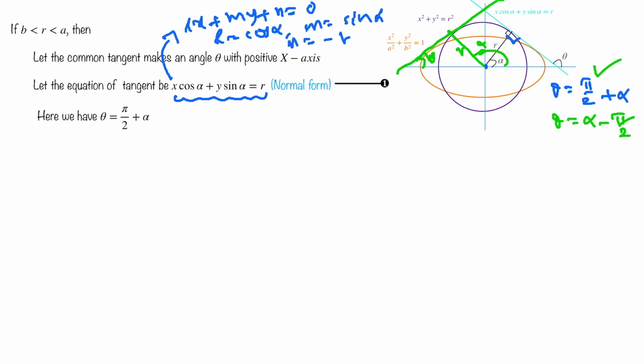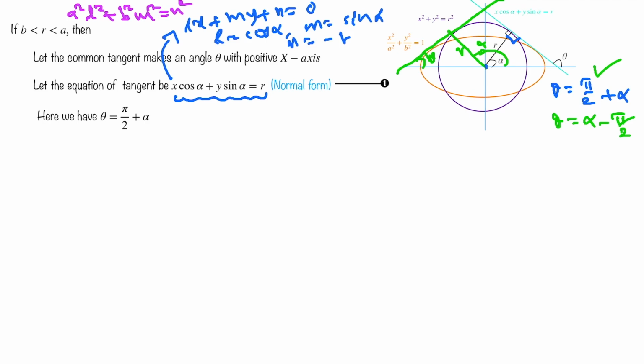Okay, we know the condition for Lx plus My plus n equal to 0 to be a tangent to the ellipse x square by a square plus y square by b square equal to 1. That is a square L square plus b square m square equal to n square.